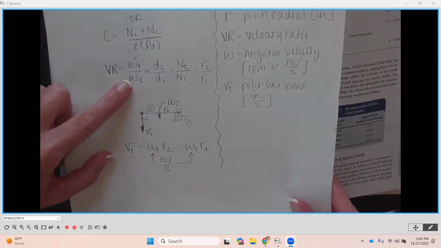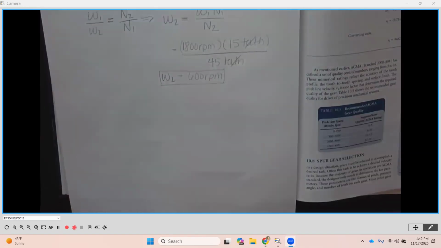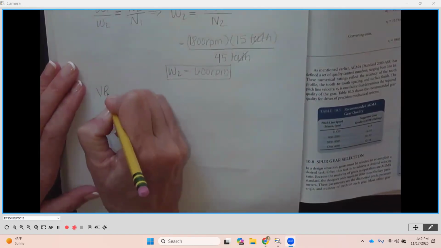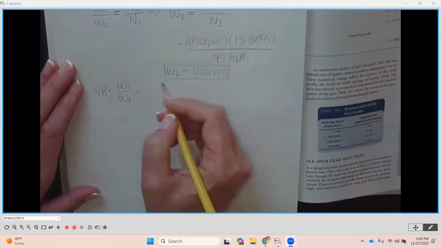Now, this is an extra step that I'm doing. The problem isn't asking this, but let's calculate the velocity ratio, now that we know what W2 is. Remember, the velocity ratio tells us how many times our pinion has to go around in order to get our gear to go around once. So the velocity ratio is equal to W1 divided by W2.